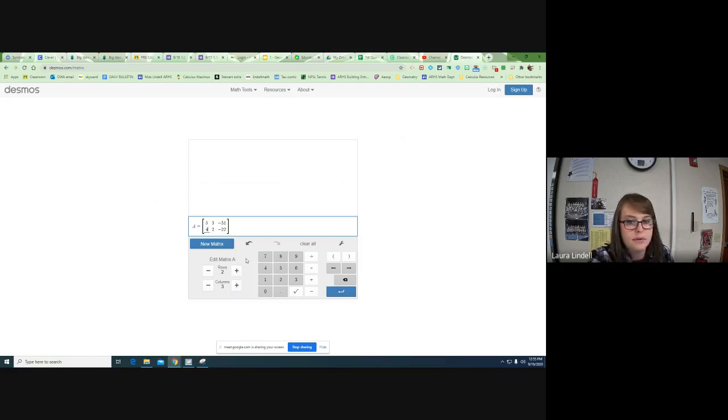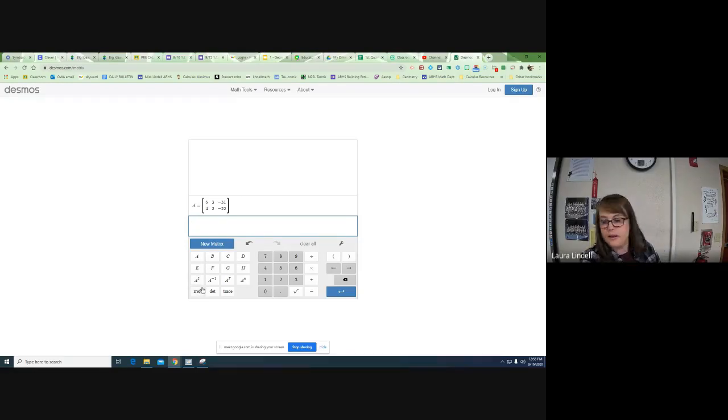And then once you're done with your new matrix, you just hit enter, and it saves your matrix. Then you just do the same exact thing that we did in the TI calculator. You can click RREF and matrix A. And lo and behold, there it is.